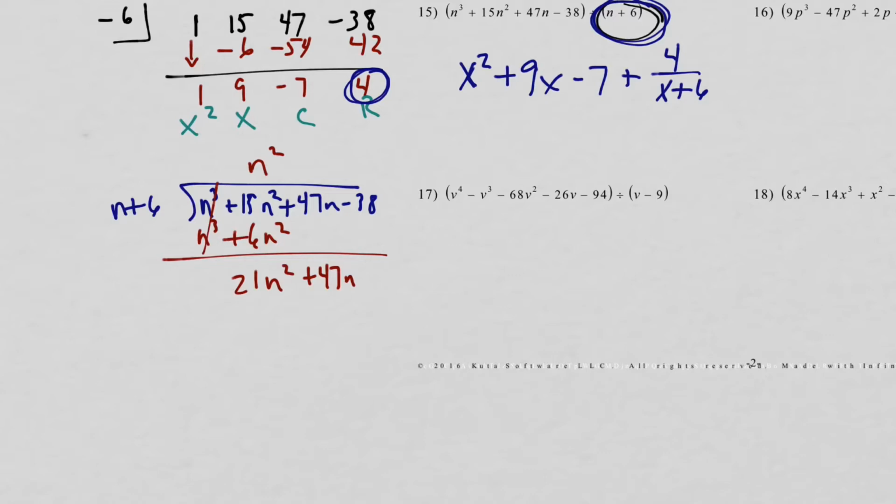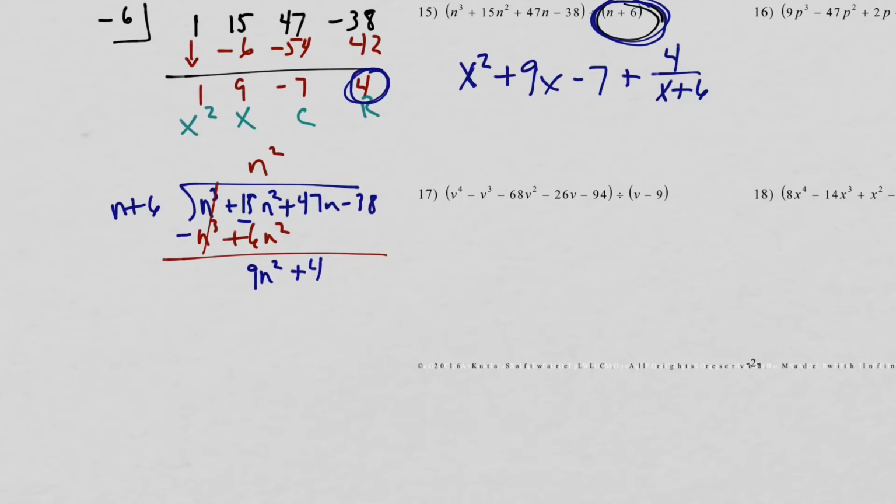Oh, I caught my mistake here. Forgot to change the signs. Make them negative, negative. So again, this is one of my pet peeves of long division here. So now we wind up back to where I was, going too fast here. All right, so 15 minus 6n squared gives you 9.